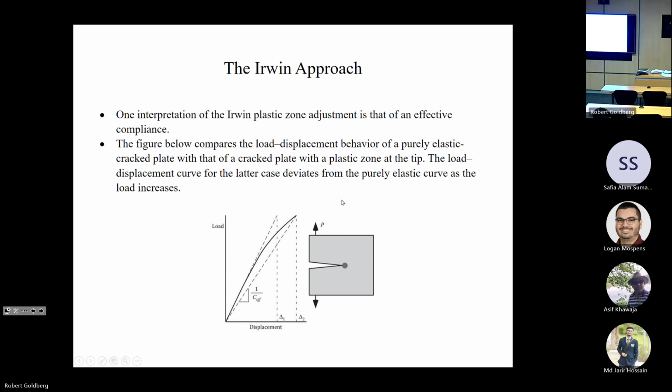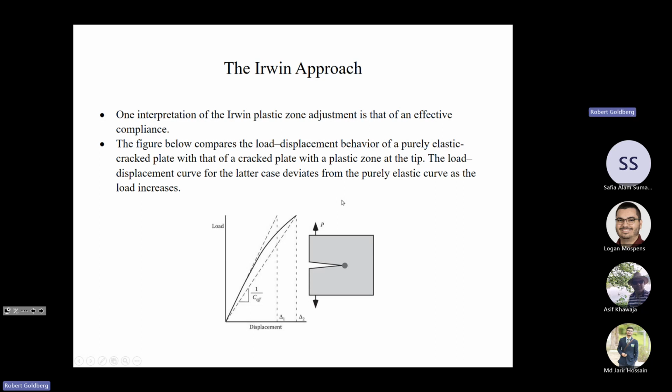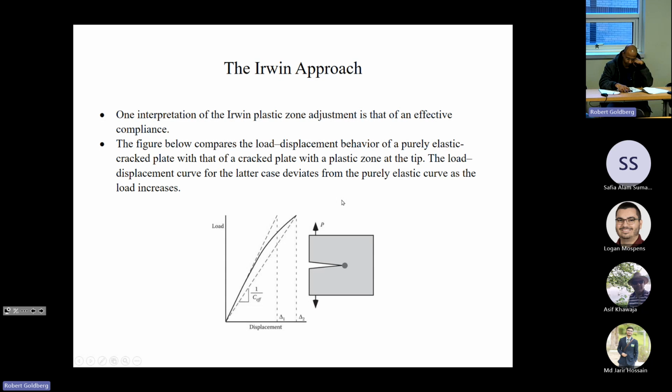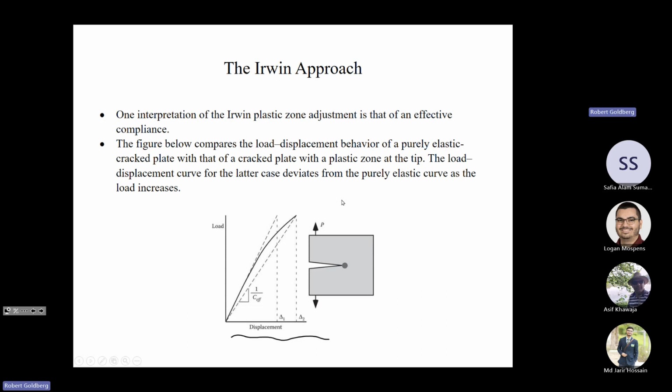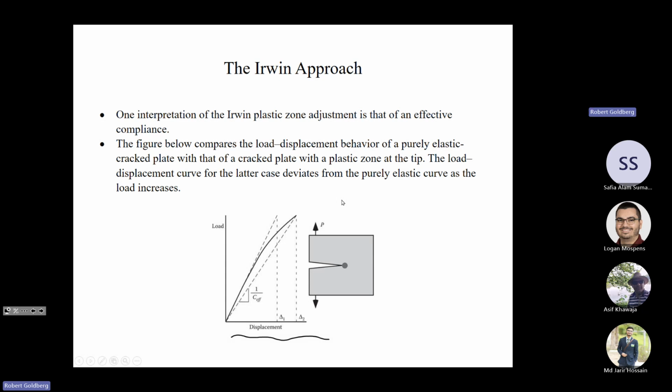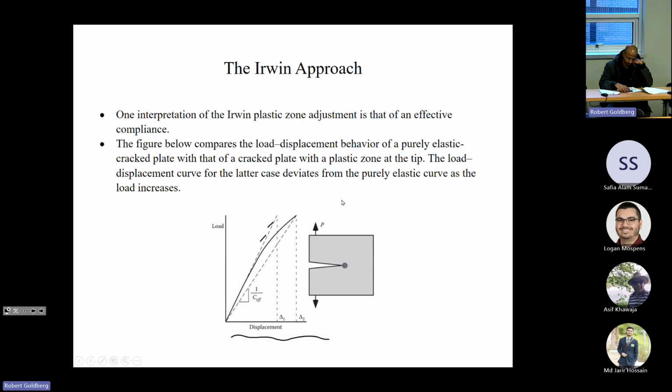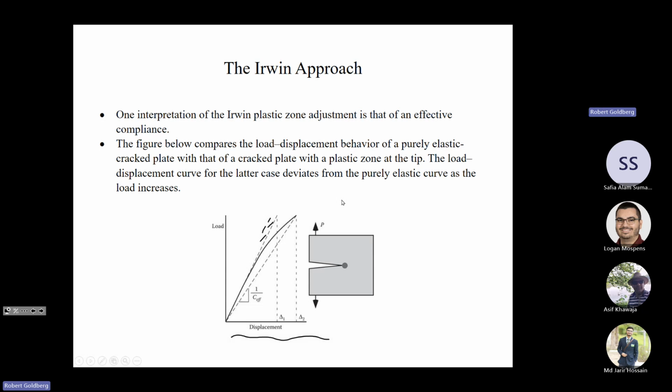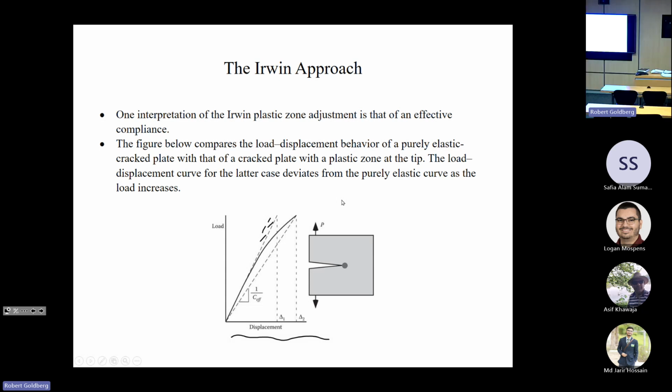And another interpretation of the Irwin plastic zone analysis, plastic zone adjustment, is that of an effective compliance. So if we look at this load displacement figure here, we have the load displacement behavior of a purely elastic plate, this dotted line here, compared to the load displacement behavior of a cracked plate with a plastic zone at the tip.